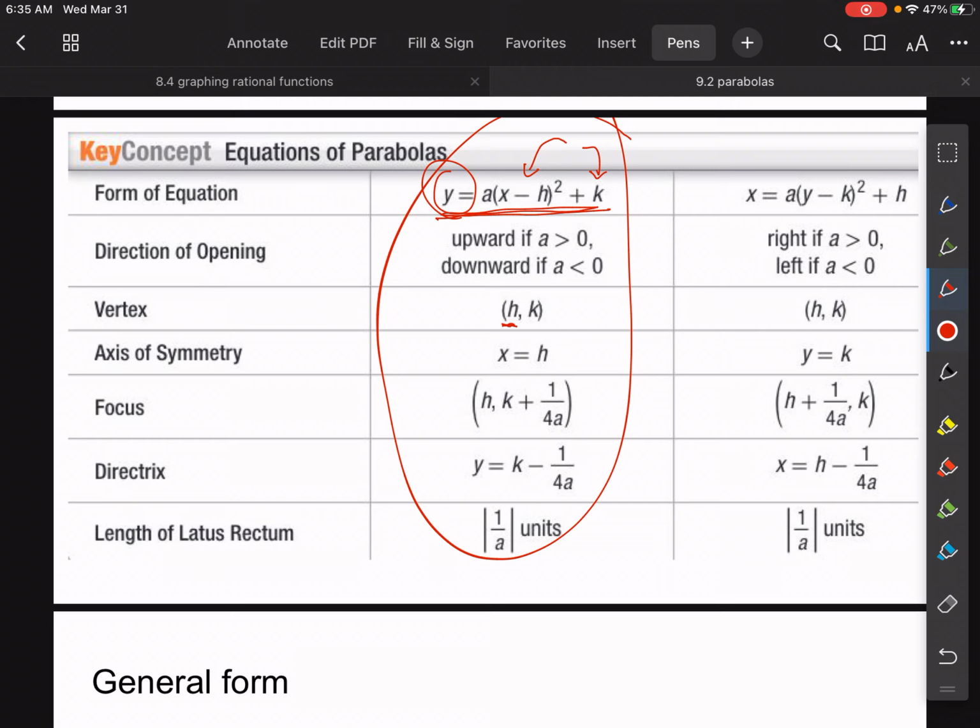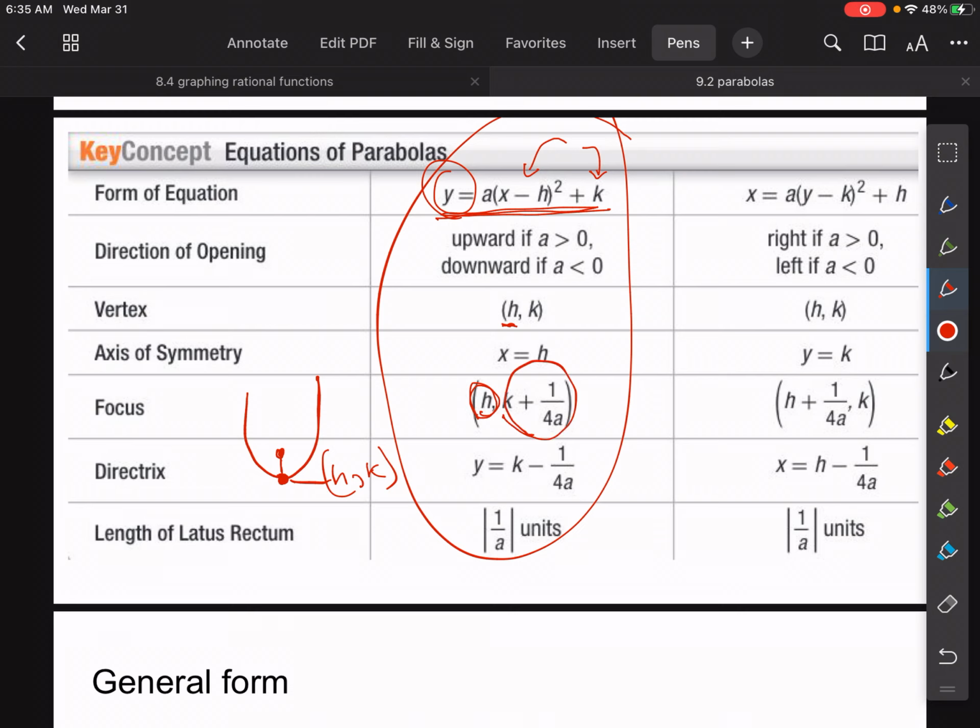Your focus will always be the point with h as its x value, because it has the same x value. If the vertex is here at h comma k and your focus is up here, the focus has the same x value as h, but this distance here will always be k plus 1 over 4a.